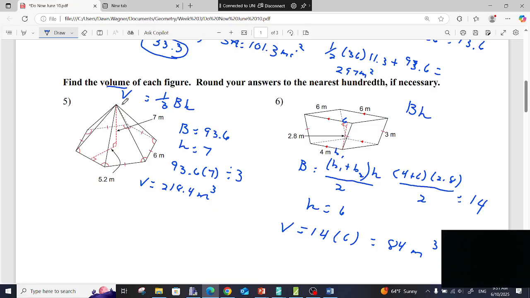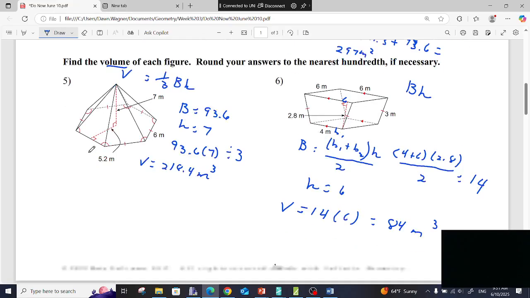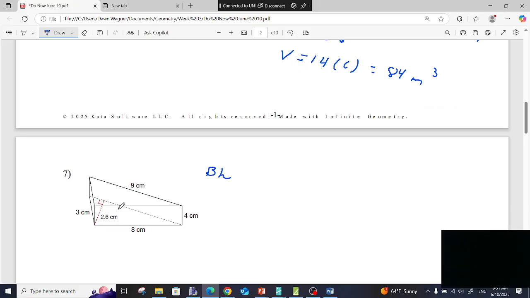A pyramid has an apex where they all meet at one point. While here, do all the faces meet at one point? No. So you need to find the area of the base, which is this triangle.